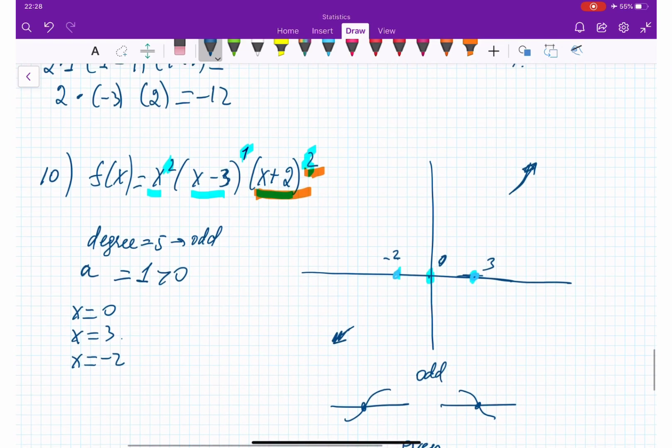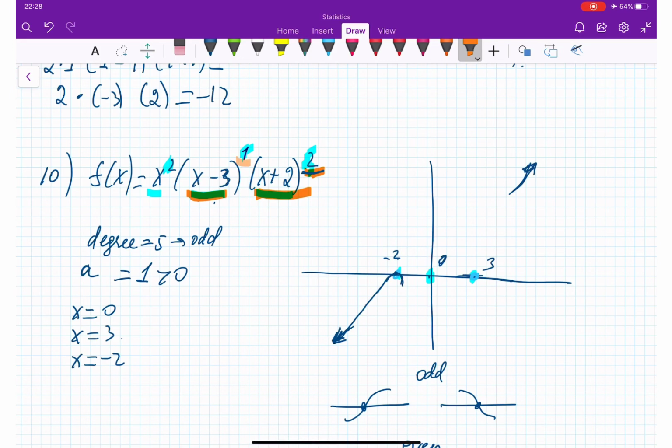Now at the point negative 2, we have it even, right? 2, which means since our end behavior is down, that means it's going to turn down point. There we go.